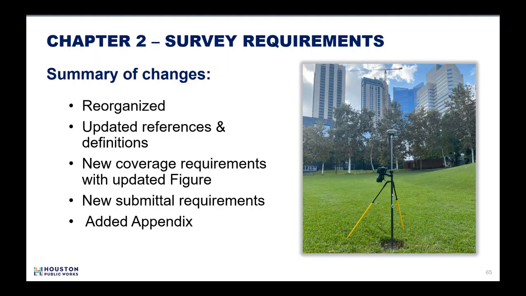We also updated references and definitions. We now have new coverage requirements with an updated diagram showing the new requirements for the limits of the survey, and new submittal requirements, and added an appendix.